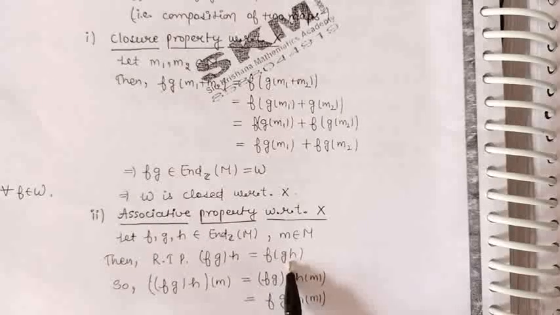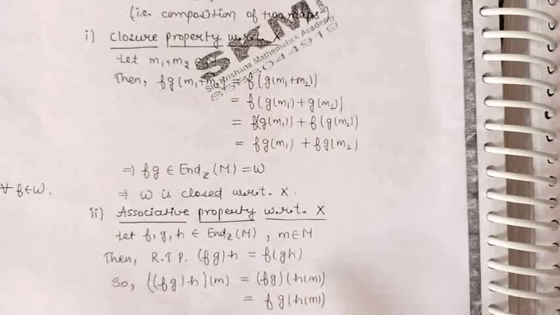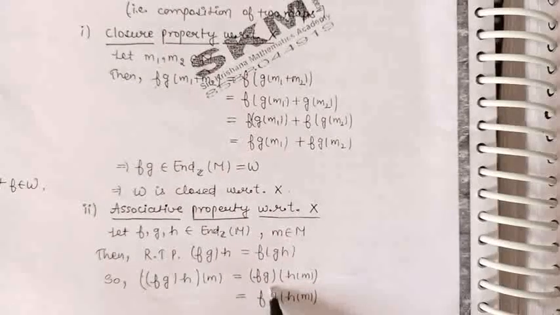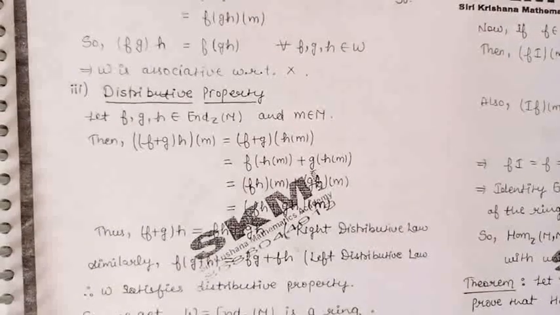So let us find the image of M under FG into H. Now by definition of the multiplication which we defined already, this can be written as FG of H of M, and this can further be written as F of GH of M. So we have proved FG into H is equal to F into GH. So this proves associative property with respect to multiplication.